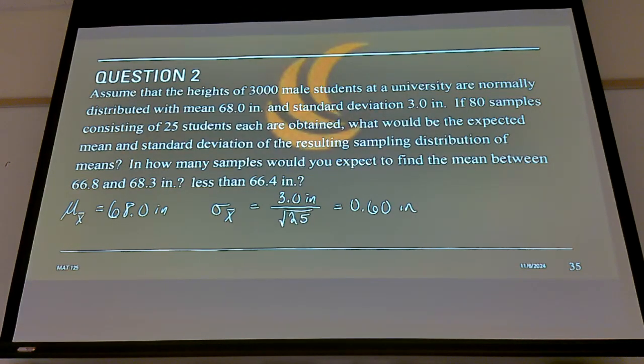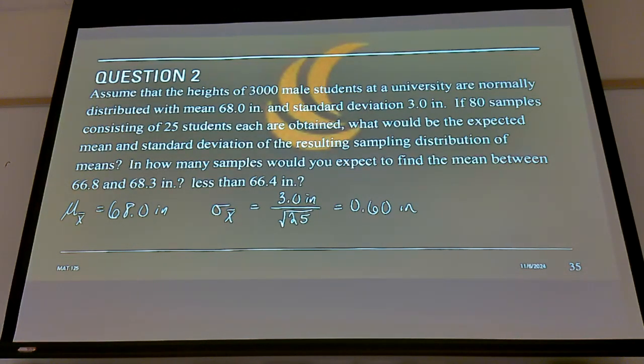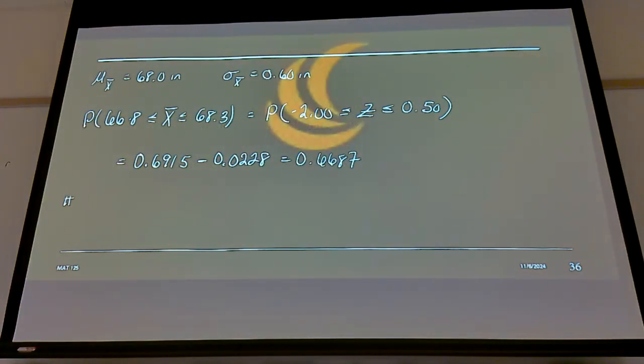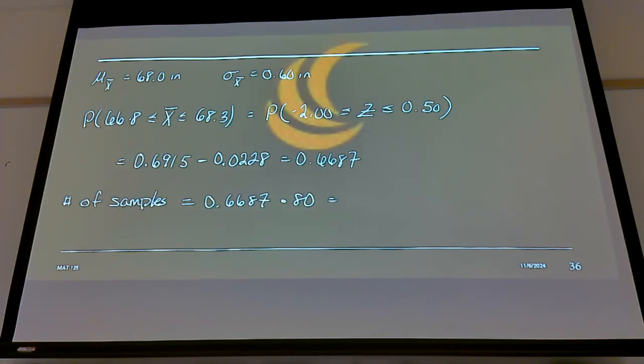So multiply that probability by 80, and that would be how many of the samples we would expect. We'll take that to be 53 or 54 samples.